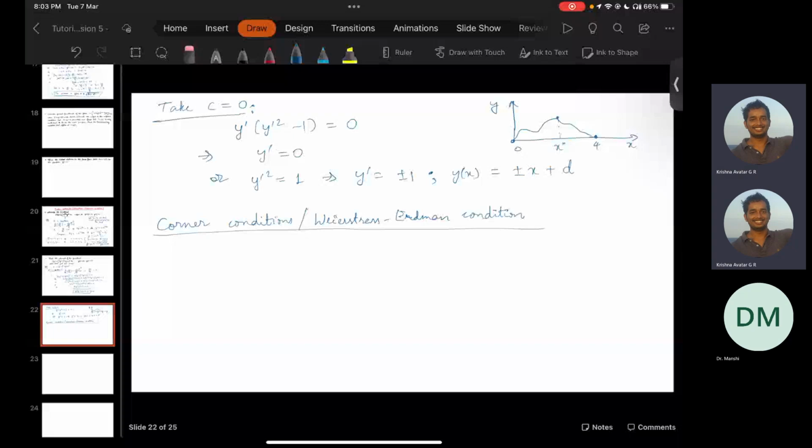So in order to obtain the value for the corner point, let's invoke the corner conditions, which state that the momentum due to y1 at x star has to be equal to the momentum due to y2 at x star, and the other condition states that, I'll add both of these side by side.